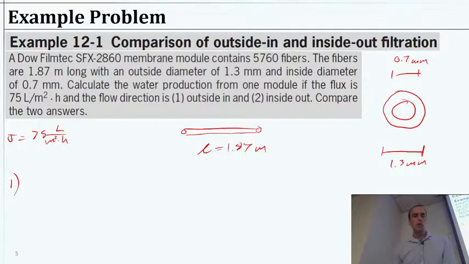So when it says calculate the water production, and we're not given over some amount of time, I think we're really looking for a flow rate. And we'd be looking for the flow rate of the permeating water.